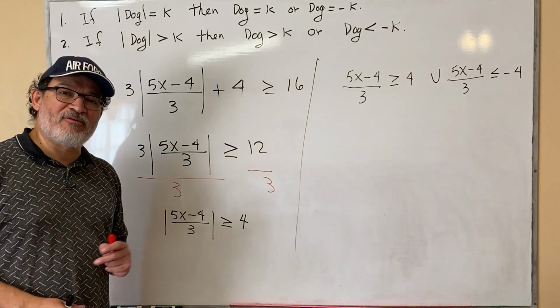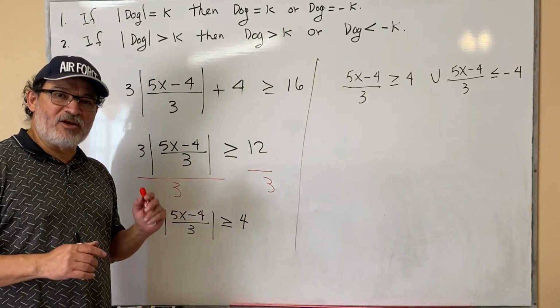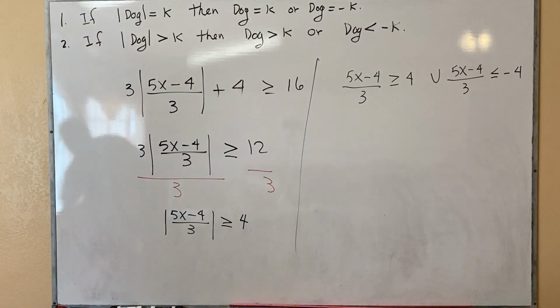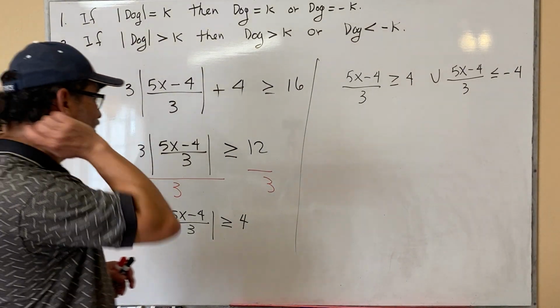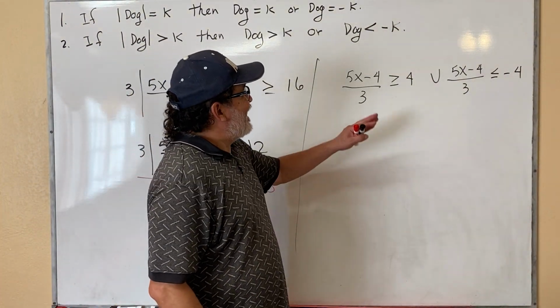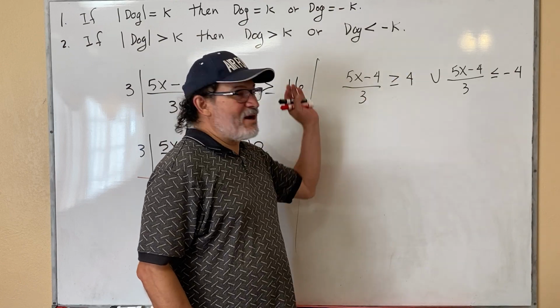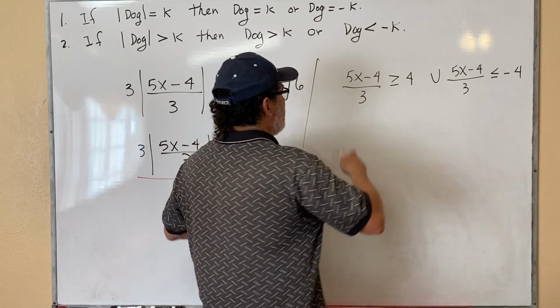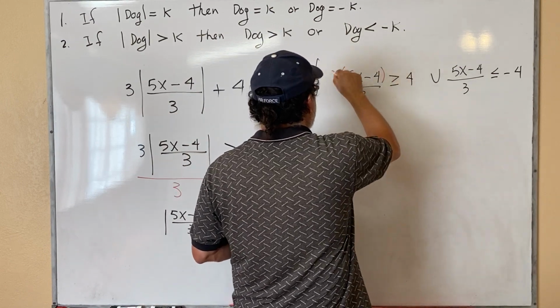That's how you get rid of absolute values in inequalities, okay? That's how you do it. All right, class? Okay, beautiful. Almost done. Let's multiply everything by 3. Now I can get rid of this 3. You know how to do it. Multiply this by 3.